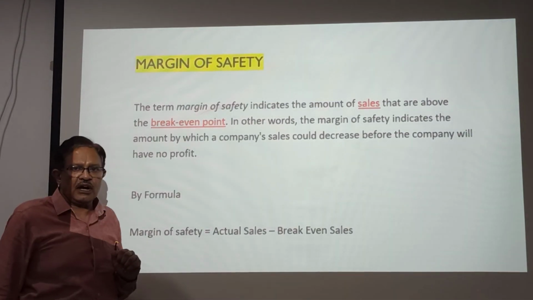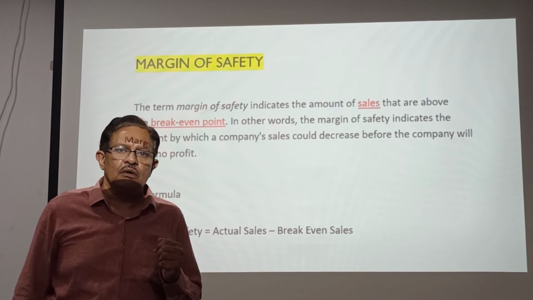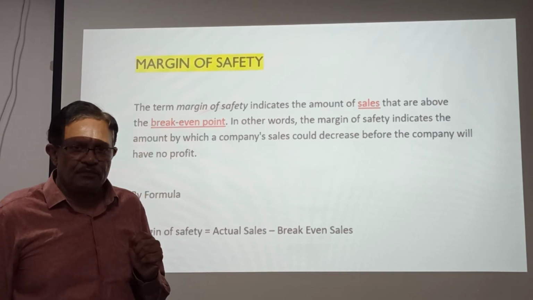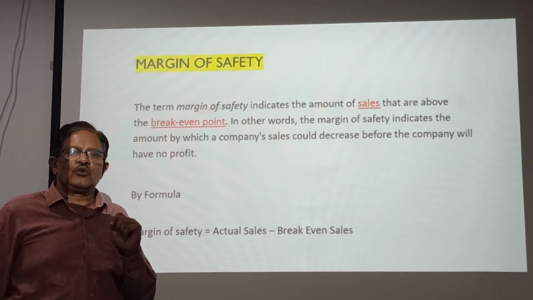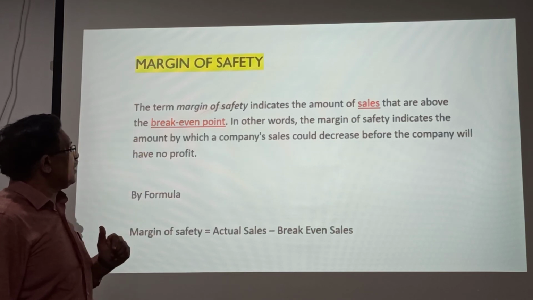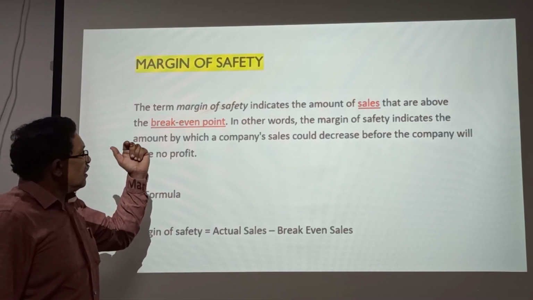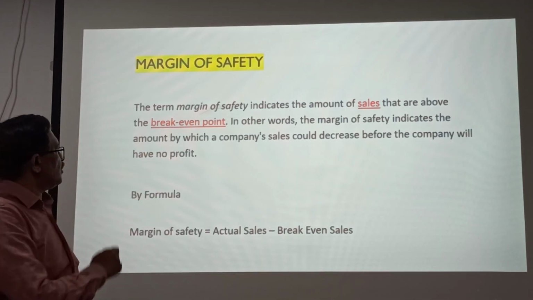Now, after understanding this concept, we also need to understand something called the margin of safety. The margin of safety can be found only when you know the break-even point. What is the margin of safety? Margin of safety is the amount of sales that are above the break-even point.